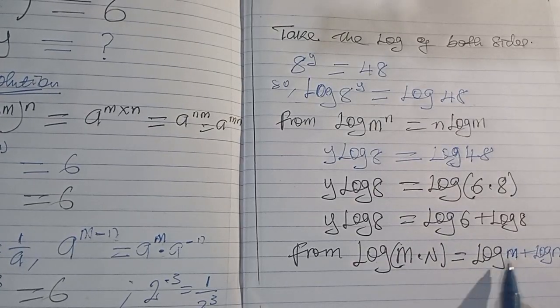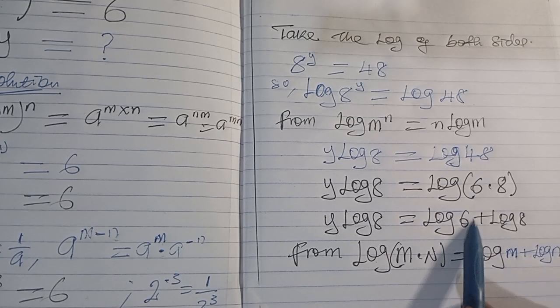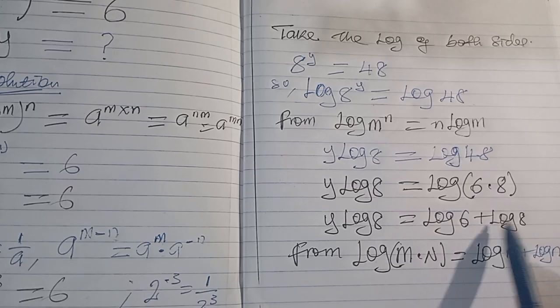I applied this rule to this part, so 6 multiplied by 8 will now be log 6 plus log 8.